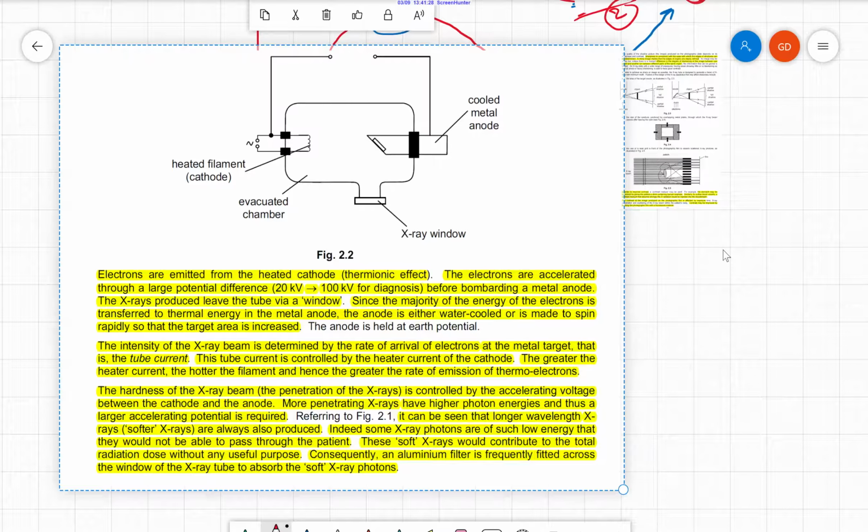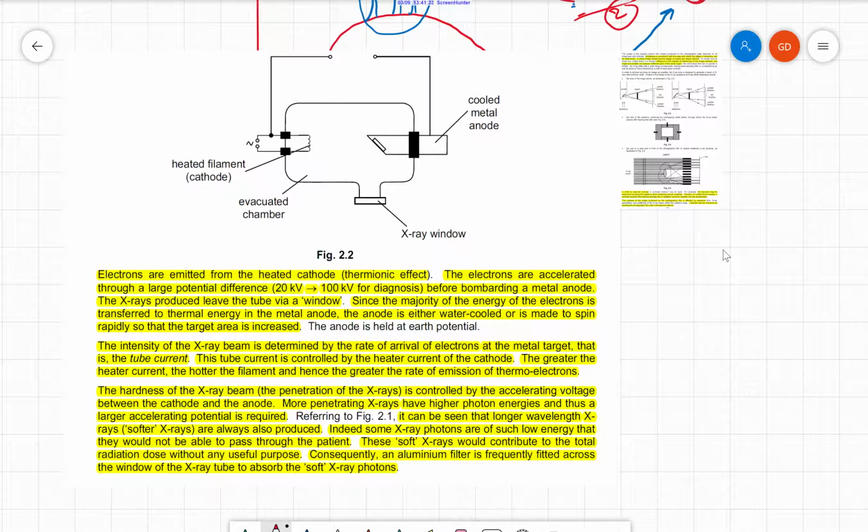Now here we have important questions. The first issue is about the heating, how to solve the problem that the target anode is going to be excessively heated.